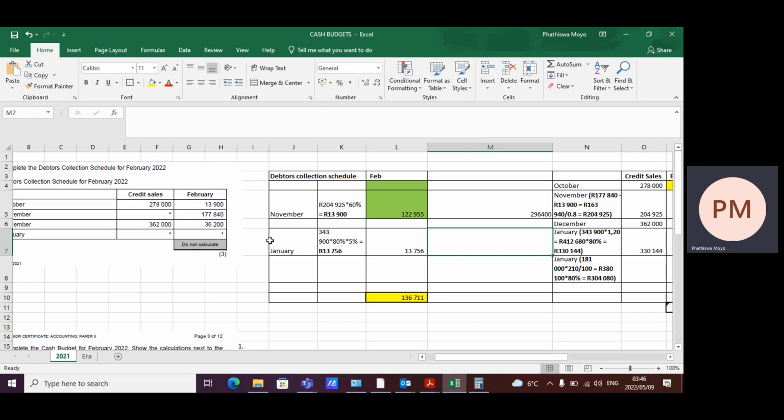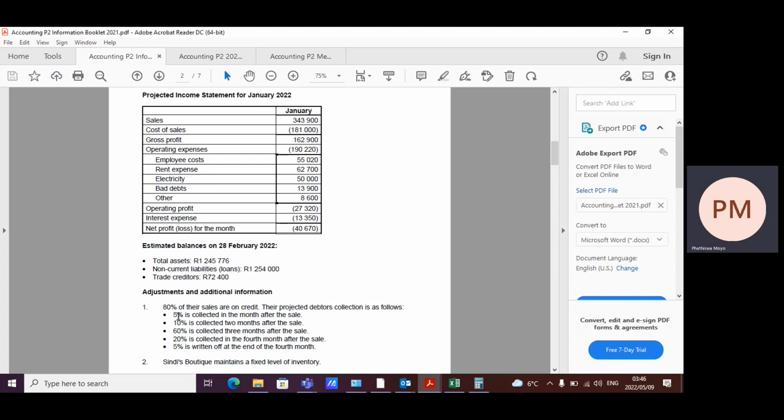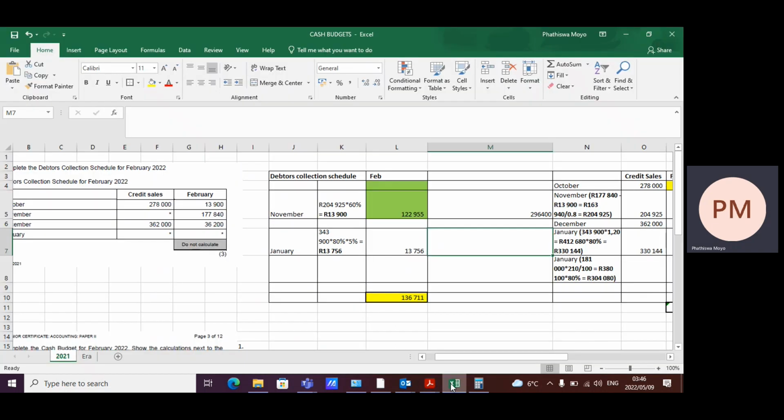So meaning for November, 5% for November was collected in December. 10% was collected in January. 60% was collected in February.